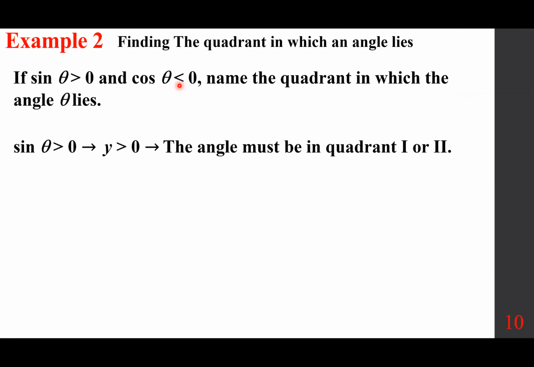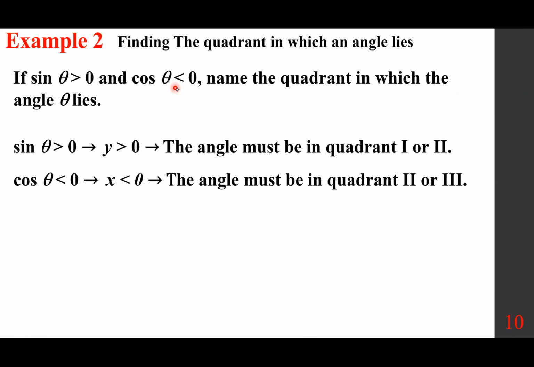Cosine is negative in the second or third quadrant. So what's in common? This is how you figure it out. It's quadrant 2, therefore. So I hope everybody is clear how we arrive at the answer. It's pretty simple.